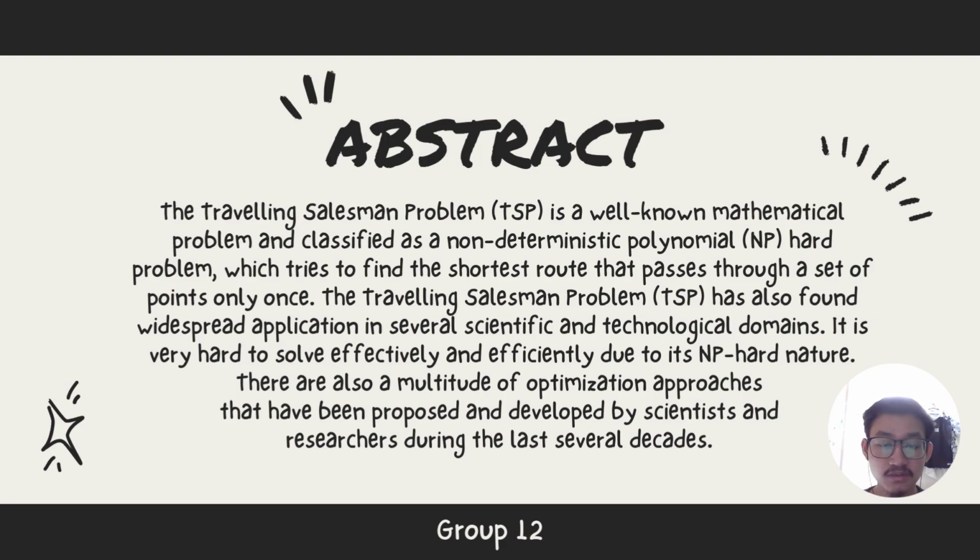It is very hard to solve effectively and efficiently due to its NP-hard nature. There are also a multitude of optimization approaches that have been proposed and developed by scientists and researchers during the last several decades.